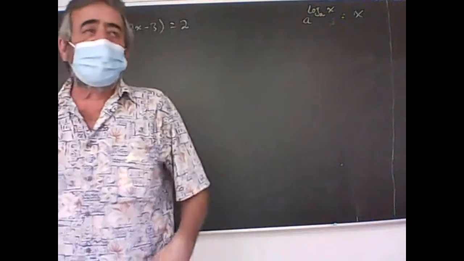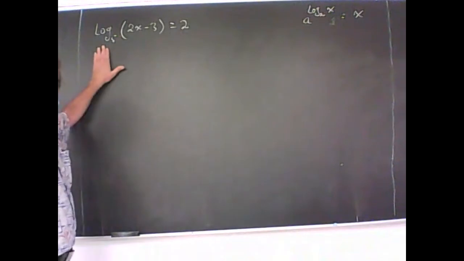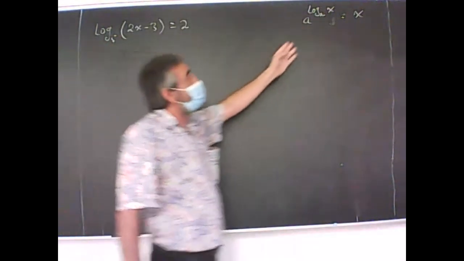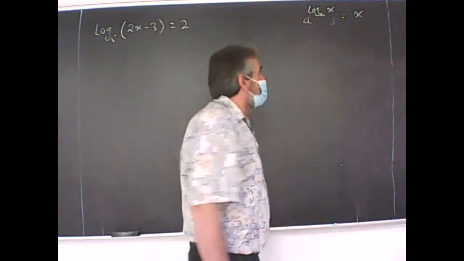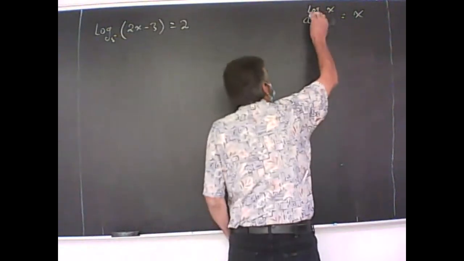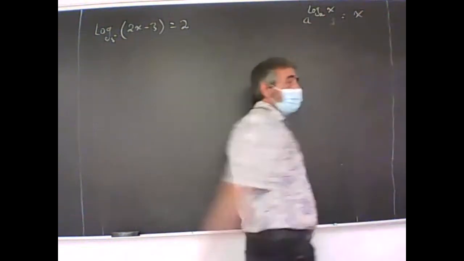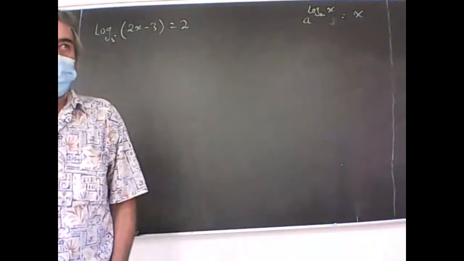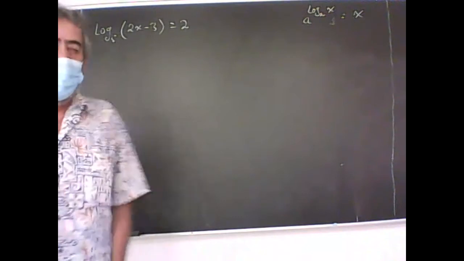But in this case, we don't. How do I get rid of this log? To get rid of this log, I want to try to use this property. This property says if the base of the log is raised to an exponent with the same base log, then I can cancel those out.